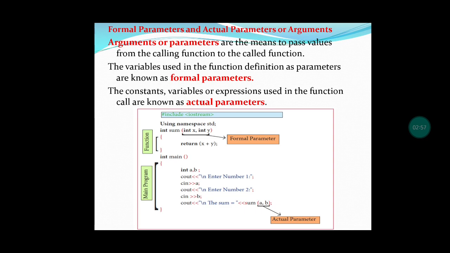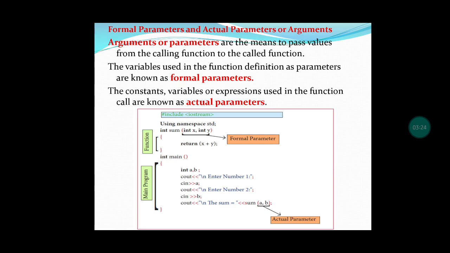In the main program they are getting the input from the user, a and b. Enter a number 1, that is a. Enter number 2, that is b. Here we call sum of a comma b. What are the a value and b value? Suppose the user gives 5 for a and 10 for b. Sum is the function name. So the a value will be passed to x and the b value will be passed to y.